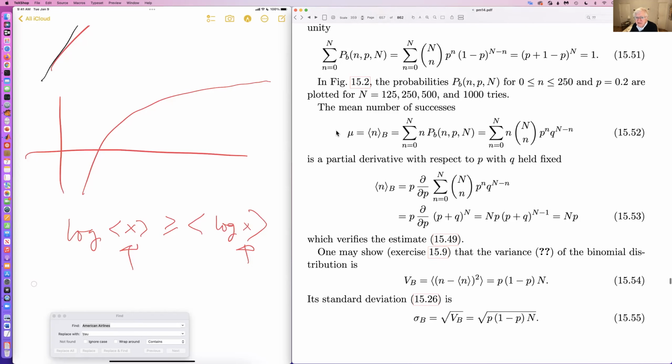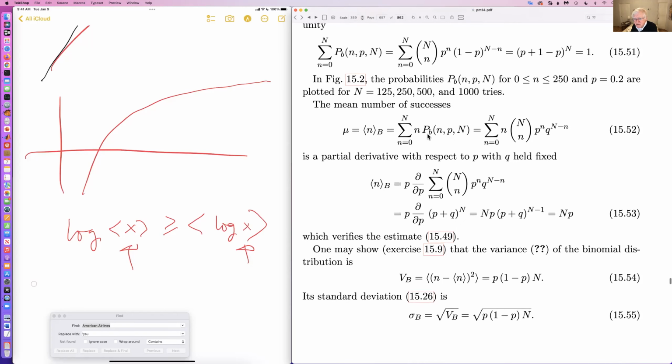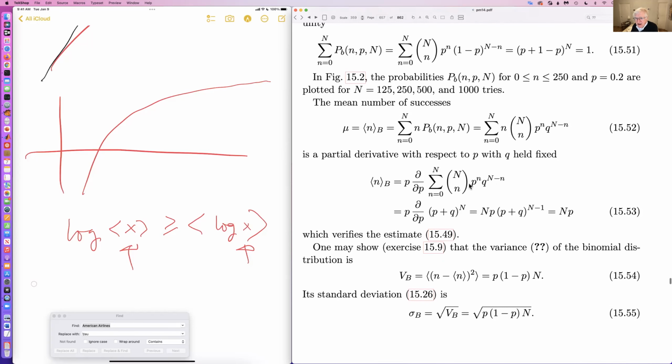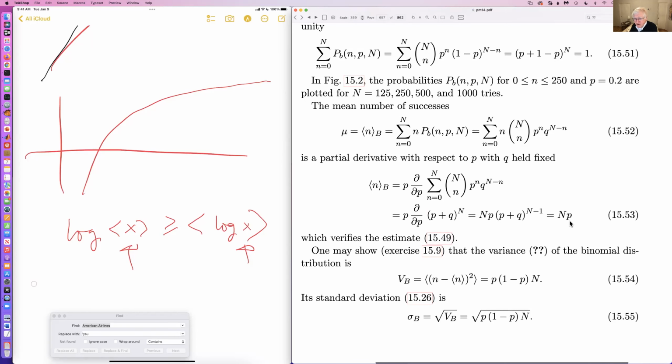The average number of successes in the binomial distribution is n times the probability of n successes, which is this thing here. Now you can see this is a partial derivative with respect to p with q held fixed. So you differentiate with respect to p and multiply by p, and you then find that it's NP, which is what you'd expect.